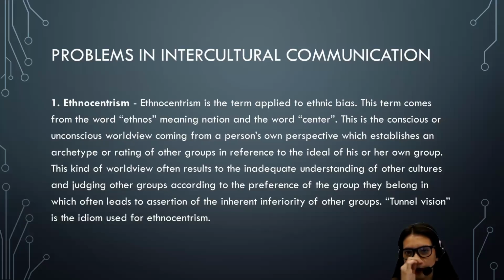The 20% of the population will be inferior to the 80%, right? So there is ethnocentrism in that case. People coming from the larger group of the community will try to look down on the minority, the 20% of the population having a different practice, tradition or culture. Okay, so there will be bias.